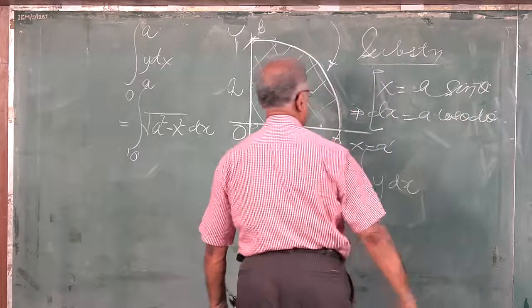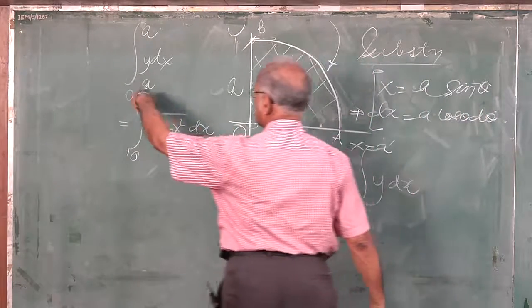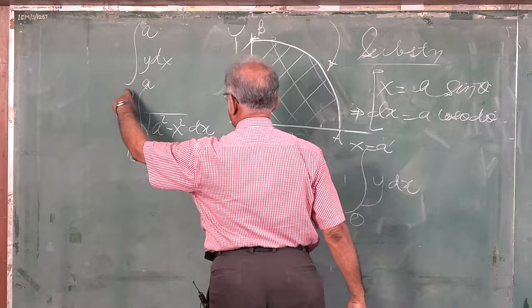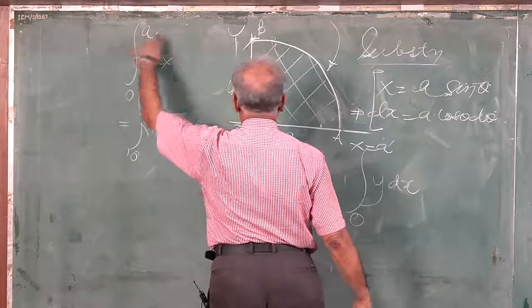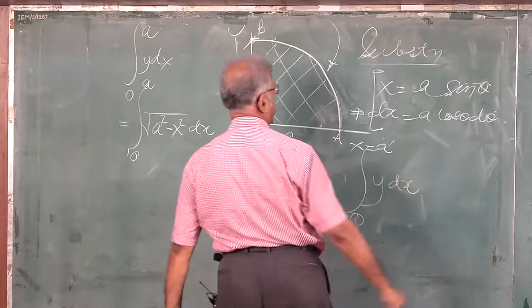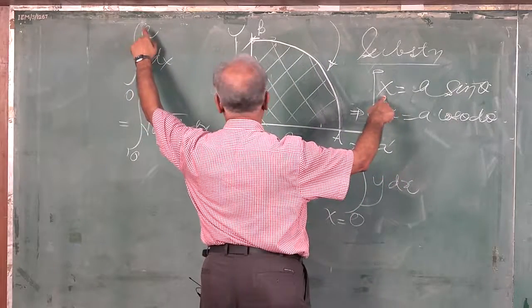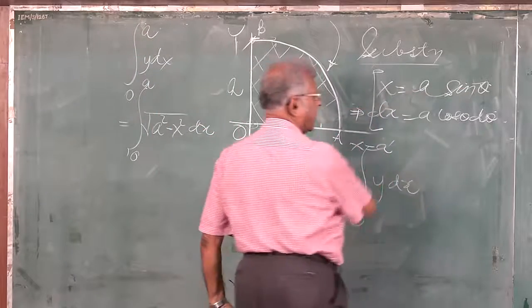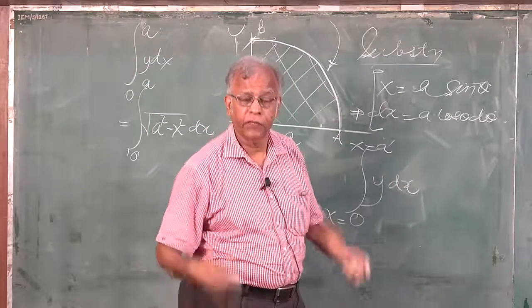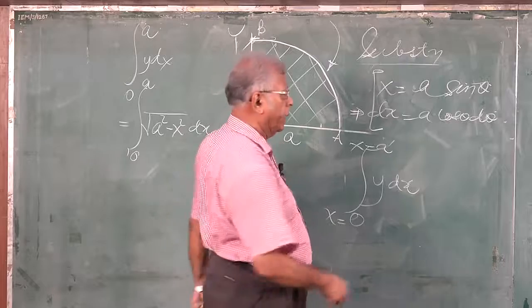This is fine. Now, one has to change the limits of x from 0 to a to the corresponding limits of theta. When x is equal to a, the upper limit, sin theta becomes equal to 1, and theta therefore will correspondingly be pi by 2.